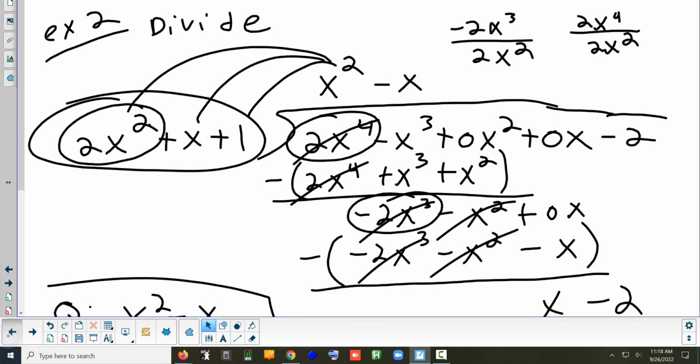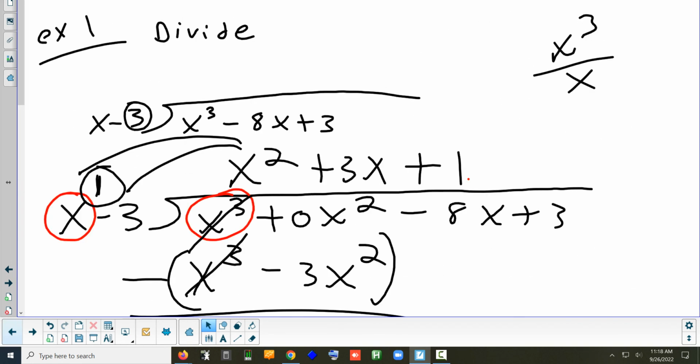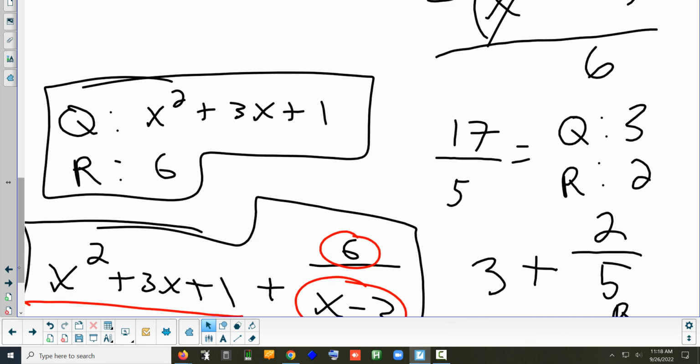Let's try it on the first one. Let's plug 3 into this problem, and that 3 is the number after the minus sign. What's 3 cubed? 27. What's 8 times 3? What's 27 minus 24? And what's 3 plus 3? 6.